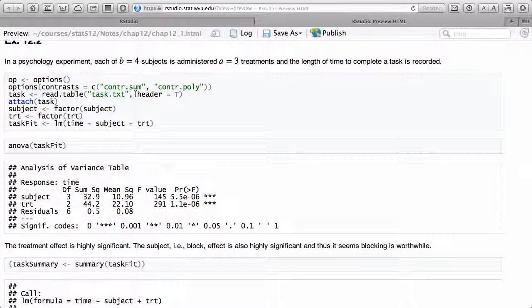Now, if you think about it, you might ask the question, suppose there's an interaction between the subject and the treatment. And we're going to talk about interactions a lot. Well, in other words, instead of writing the model mu plus alpha sub i plus beta sub j, perhaps suppose the alpha and betas can interact, so there's an alpha beta ij.